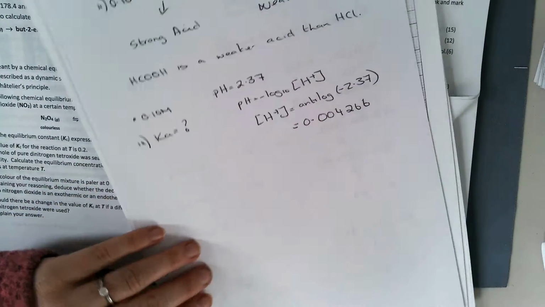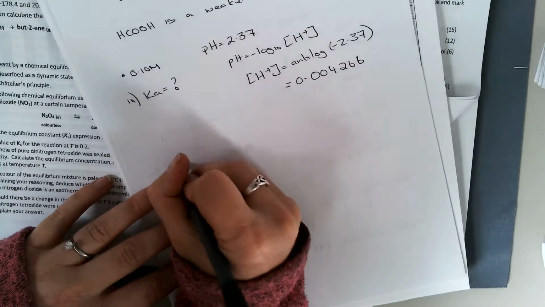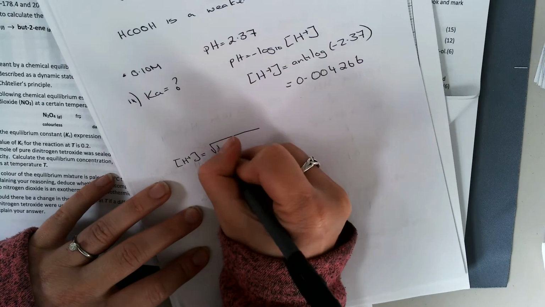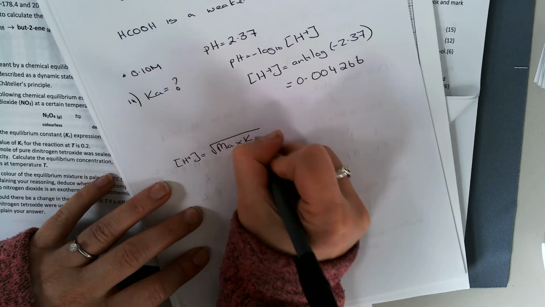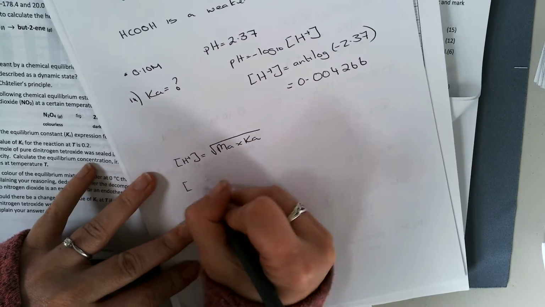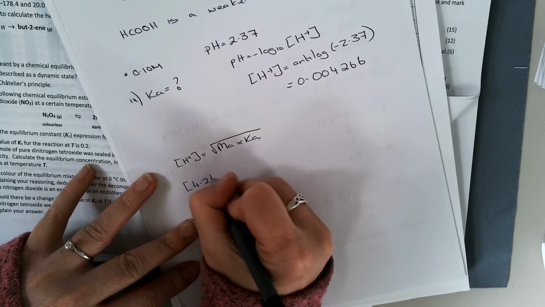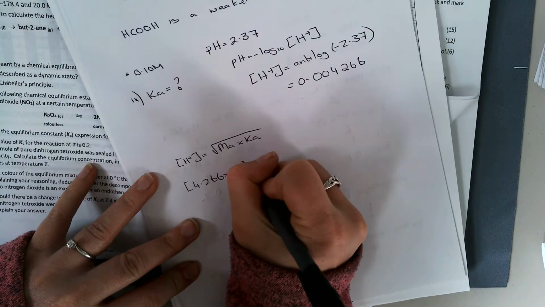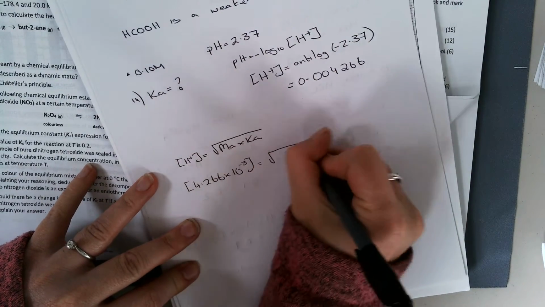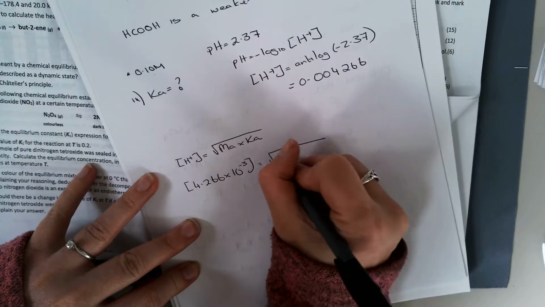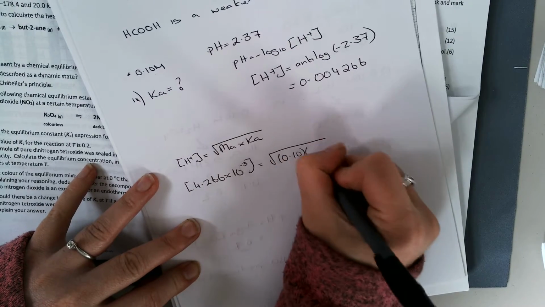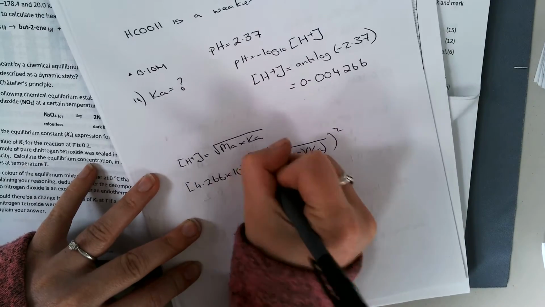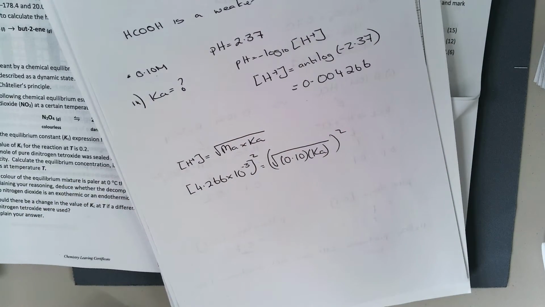That gives me 0.004266. Now I use H+ is equal to the square root of Ma by Ka. H+ is 4.266 by 10 to the minus 3, equals the square root of Ma, which I know from my question is 0.10, and Ka is what I'm looking for. So I'm going to square both sides.